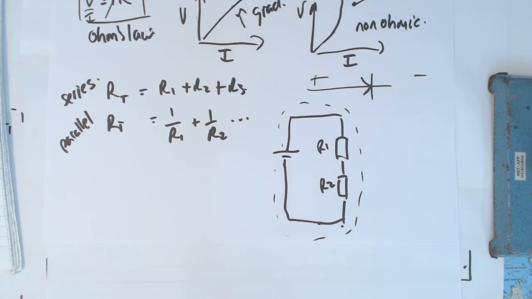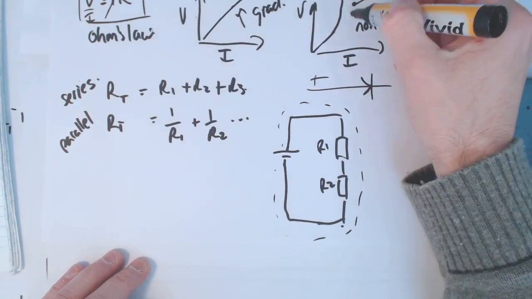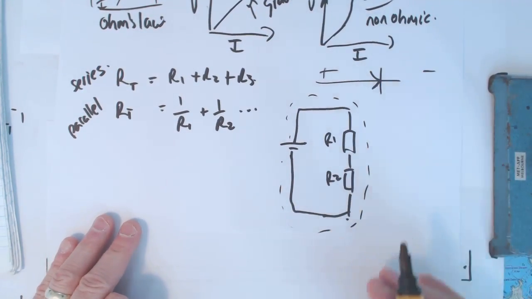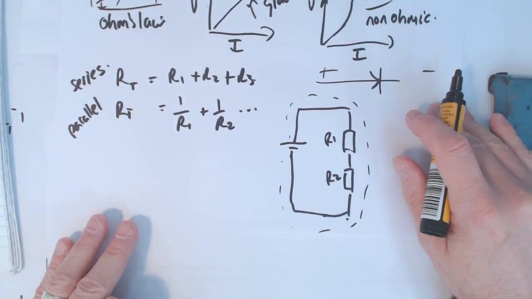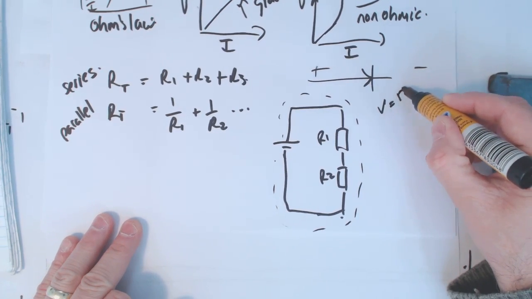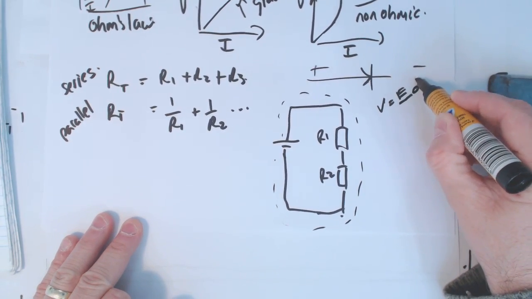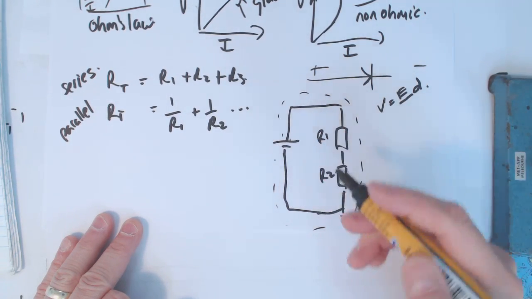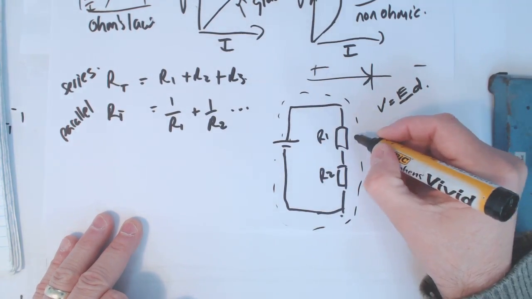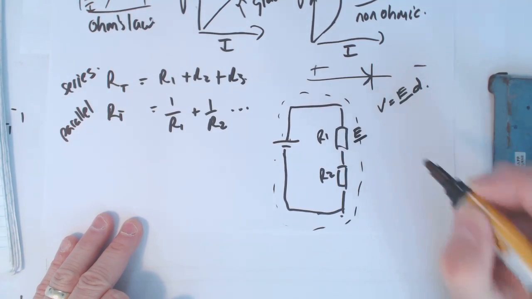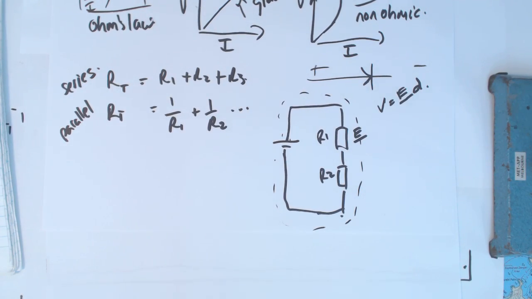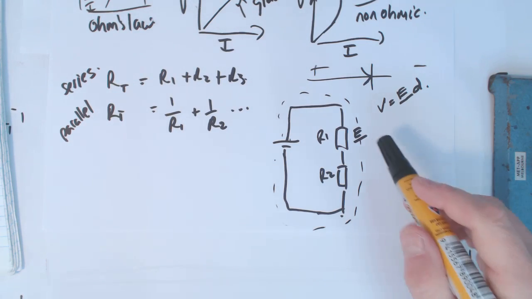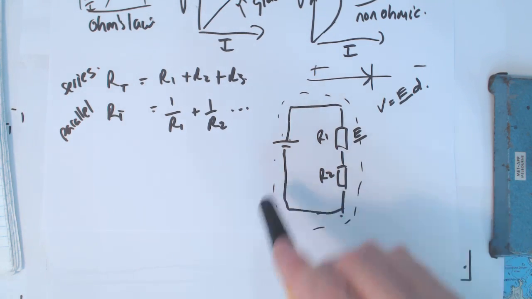Now, we've learned that voltage was the electric field times distance, right? So there's an electric field between the positive and the negative in here. So when we're looking at this, we've actually got an electric field. Put a stroke underneath that, just differentiates it from energy. So electric field times the distance gives us voltages.